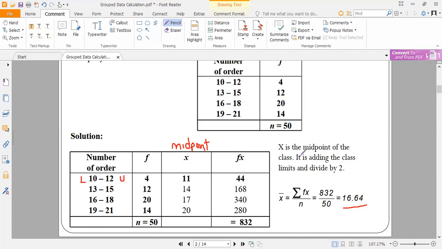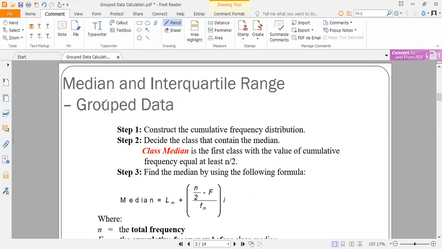Okay. So the same question, we are now going to construct what is called the median. So first thing, we need to construct the cumulative frequency distribution. Then we will decide where the median will fall, and we will divide the total n by half.